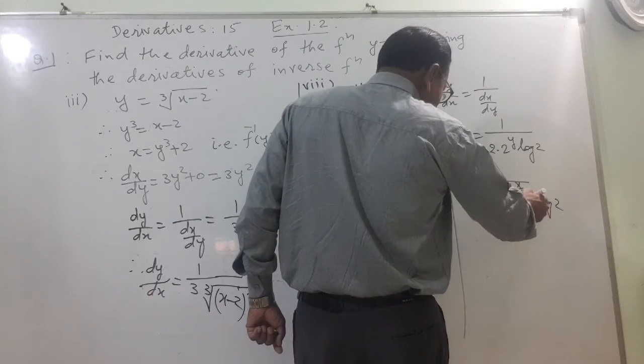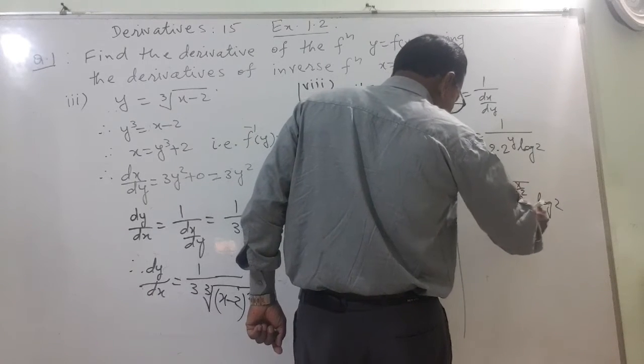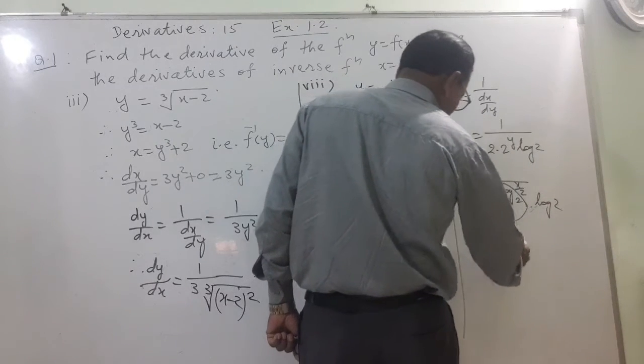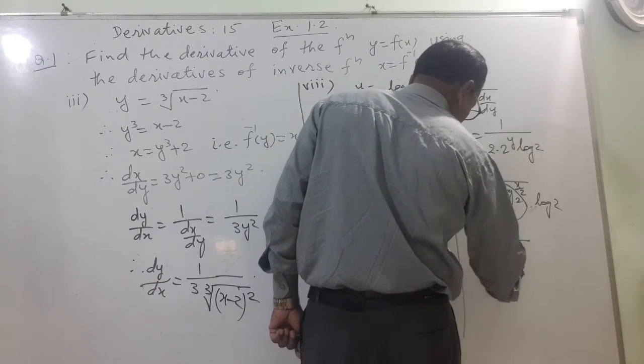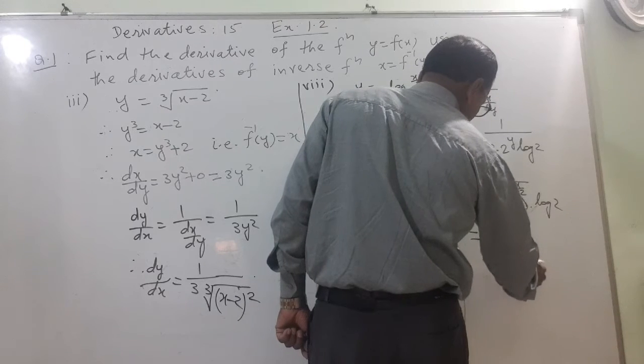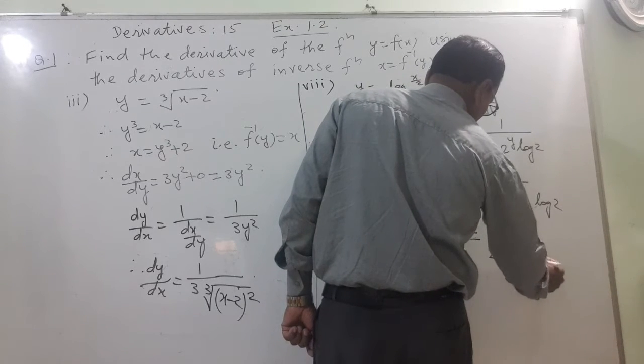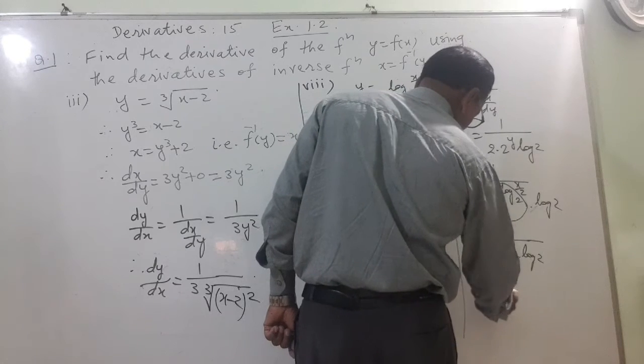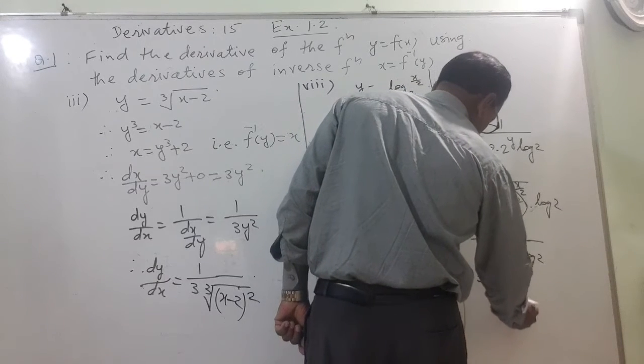Now this a raised to log to the base a gets cancelled, and that is equal to 1 upon 2 into x by 2 into log of 2. This 2 cut, this 2 cut. So that is equal to 1 upon x log 2.